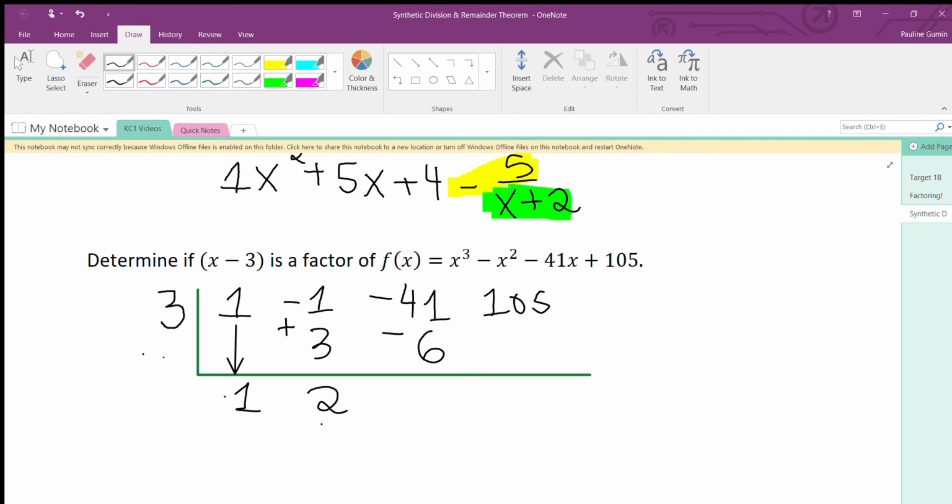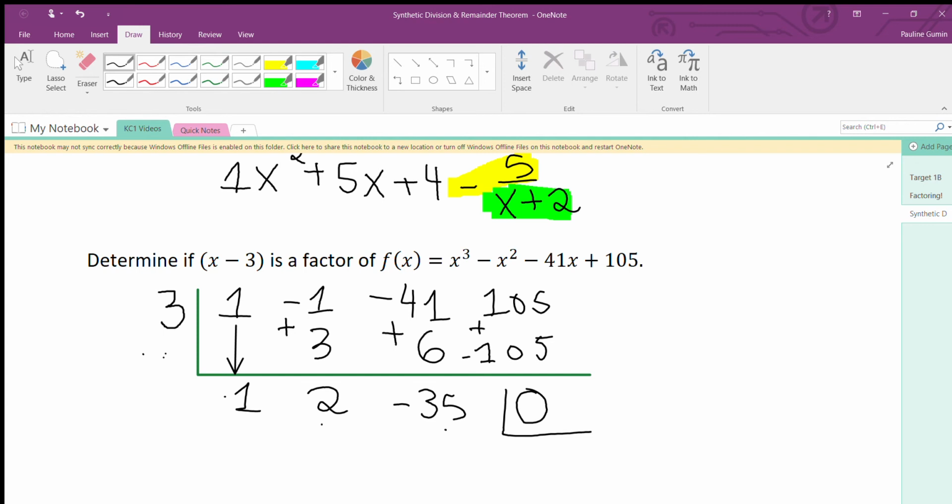Negative 41 plus 6 is negative 35. Negative 35 times 3 is negative 105. 105 plus negative 105, remainder of 0.